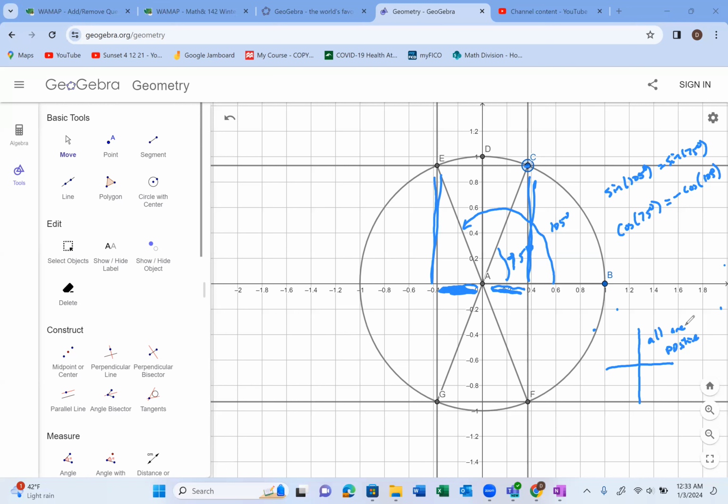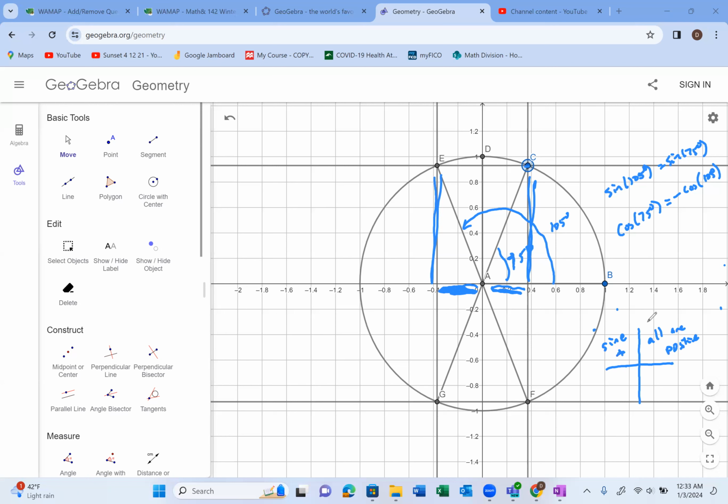In the second quadrant, the sine is going to be positive. Your y coordinate is still positive, but your x coordinate, the cosine, is going to have a negative value. So the sine will be positive.